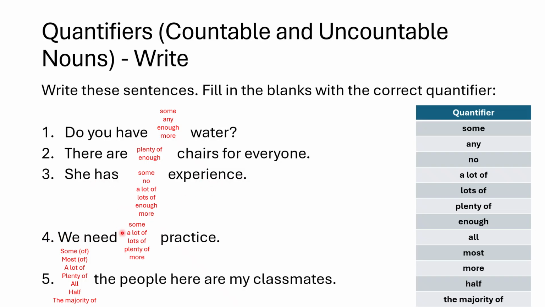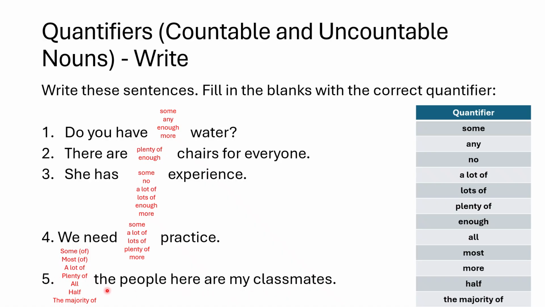4. We need some practice. We need a lot of practice. We need lots of practice. We need plenty of practice. We need more practice. 5. Some of the people here are my classmates. Most of the people here are my classmates.